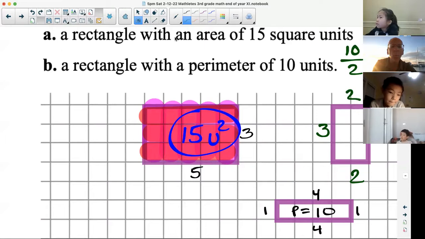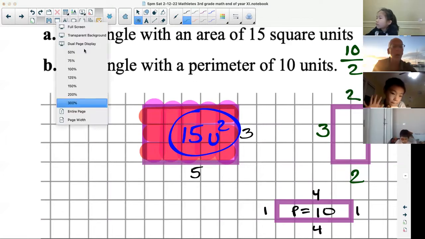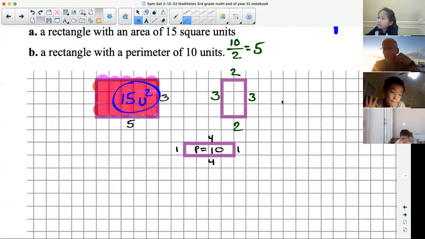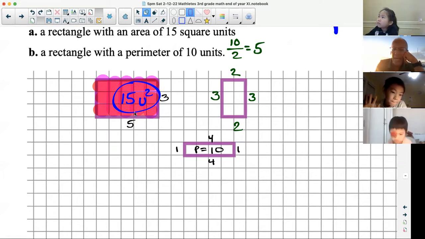Now, was there another way to make a rectangle have an area of 15? Was there another way to do that? And I don't know if you're all listening, but it looks very, very different than this one. This is the one that I like. What do you think?